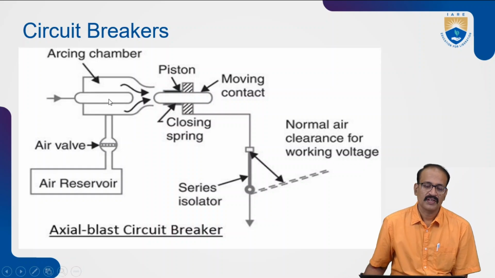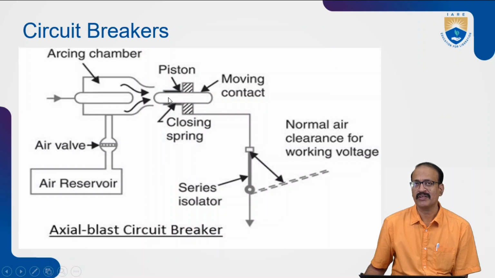From this fixed contact, normally the arc will occur. Since this is an axial blast circuit breaker, you can observe that the air blast occurs in the same direction, exactly opposite to the moving contact.